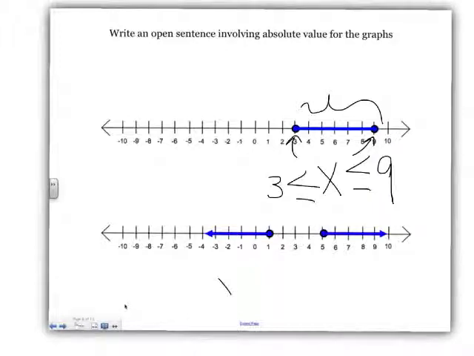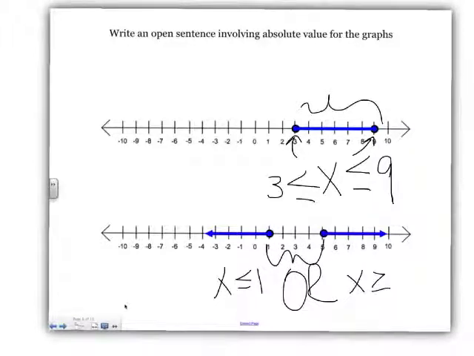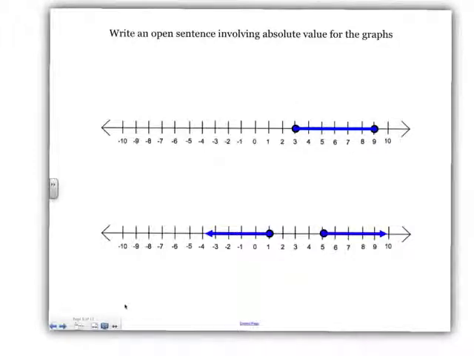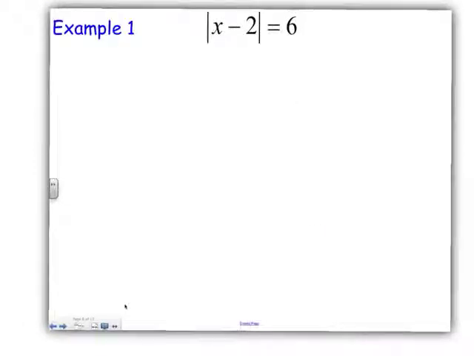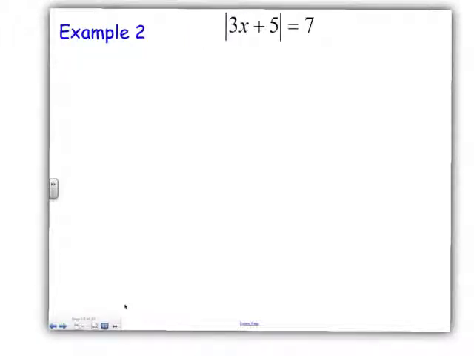Whereas here I'll have x is less than or equal to 1, or, and I know it's an or because of this empty space here, x is greater than or equal to 5. So give this one a try on your own. And try this one as well.